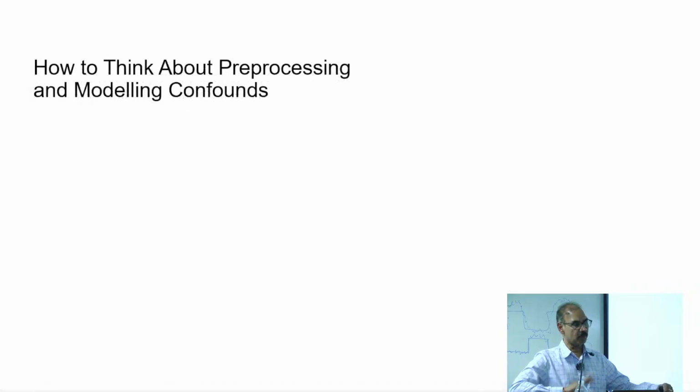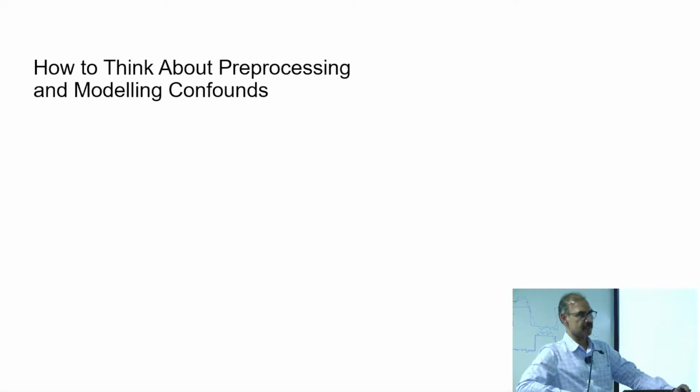But if I don't want to see the effect of respiration, and I just want to see how this low frequency functional signal is affecting my correlation, then the respiration is noise for me, right?